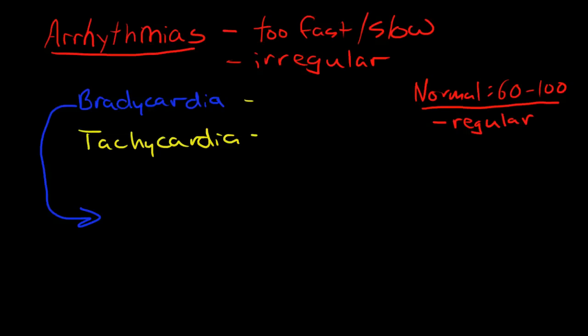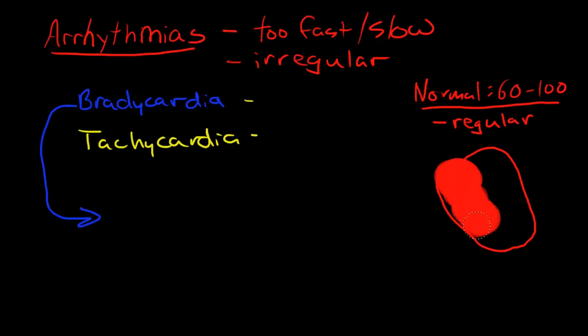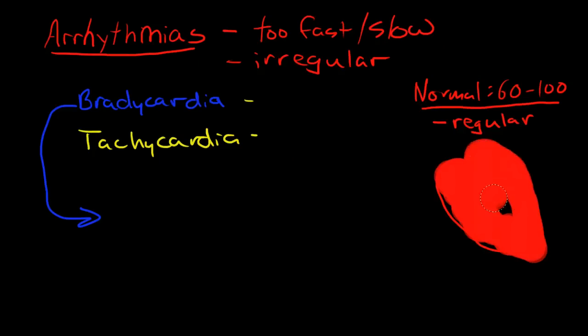Remember, we have the heart here, and the chambers of the heart. We have a nice big red heart here. The chambers of the heart are divided into four sections.